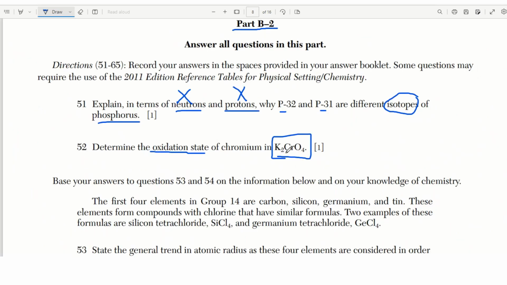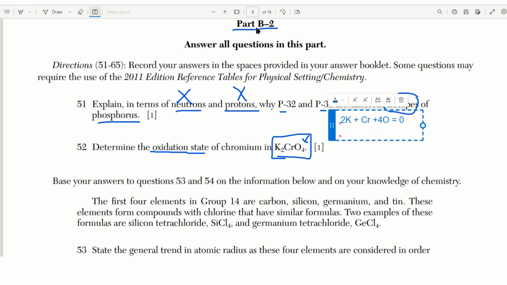So I have K2CrO4. There is no charge up here. How I would solve this, if I was writing a simple algebraic expression, would be 2 potassium oxidation states plus 1 chromium oxidation state plus 4 oxygen oxidation states equals 0.